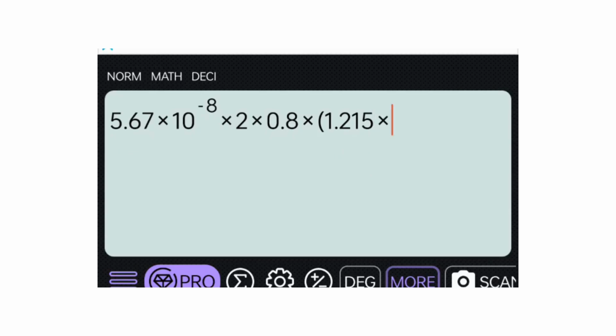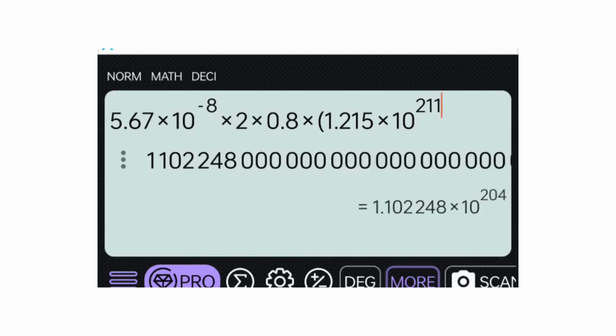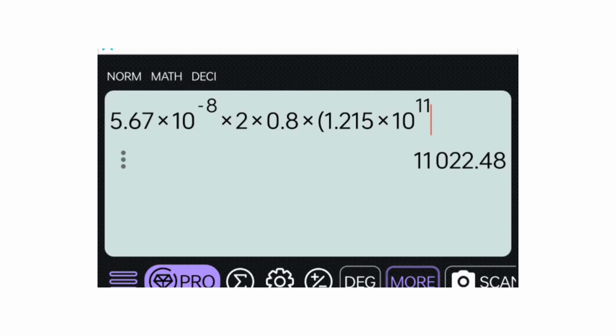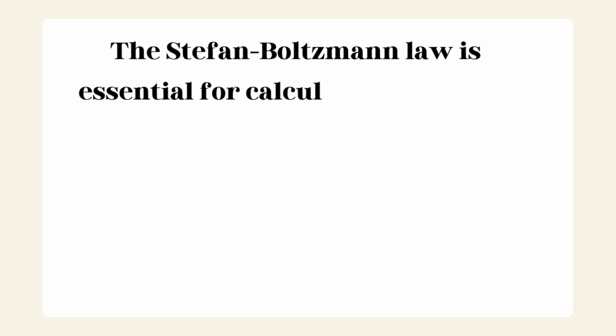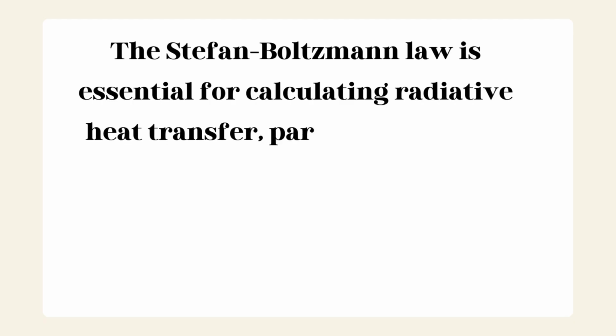So the net radiative heat transfer from the metal plate is approximately 11,022 watts.